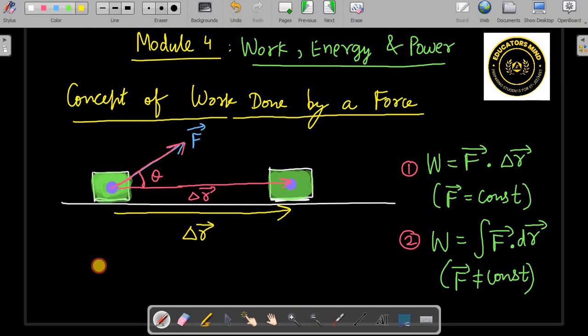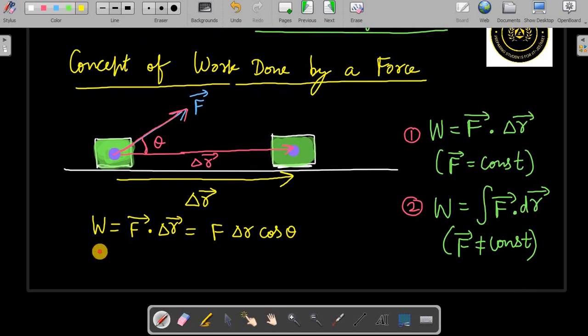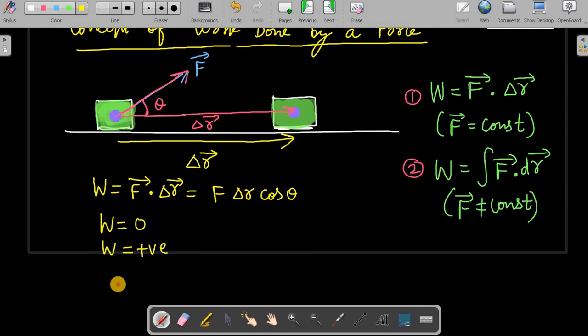Work done is the dot product of force and displacement. What does that dot product mean? Dot product means the magnitude of force, magnitude of displacement, and cos theta. So here work done can become 0, positive, or negative, in different cases.